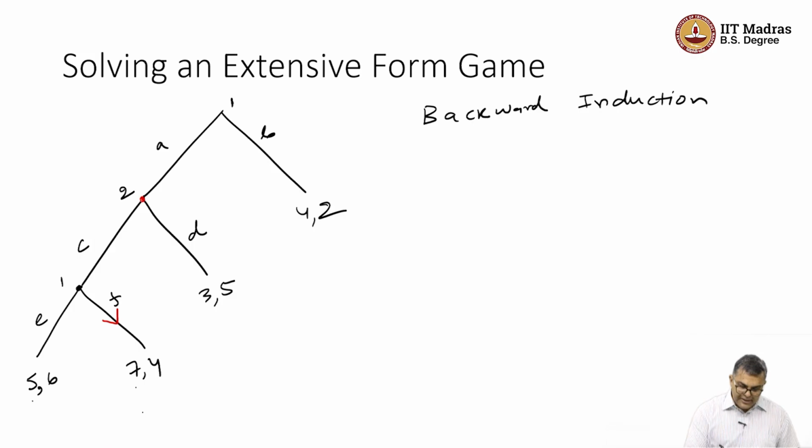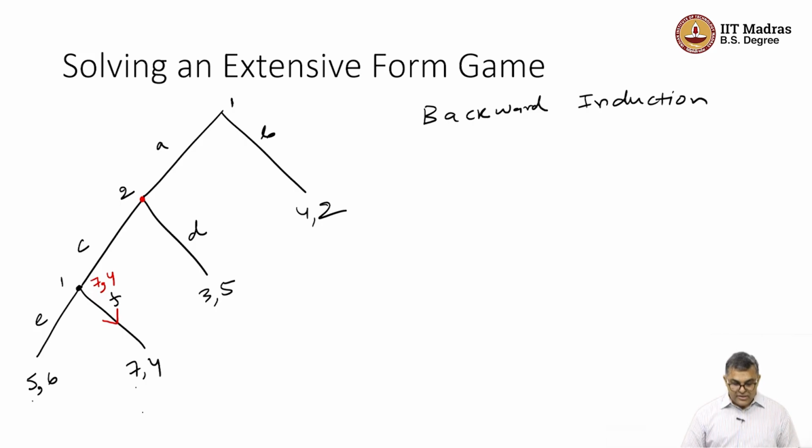Now, if you look at it from here, player 2 knows that player 1 is rational, and given an opportunity to play between E and F, player 1 is going to choose F. So, here if player 2 decides to play C, player 1 will get 7 and player 2 will get 4.